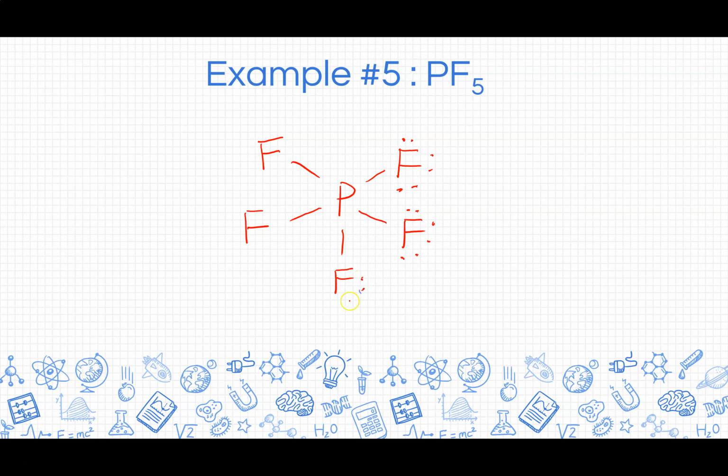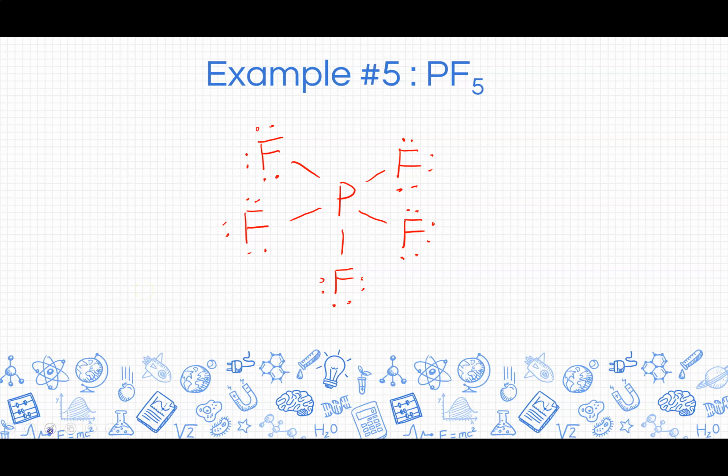Again, it's unnecessary to draw in all of these for just identifying the hybridization, but it is important that you start with the correct Lewis dot diagram. I assume in an AP problem, they would have asked me to draw this earlier and maybe answer some other questions, and now they're asking me for hybridization. So even though we don't need the lone pairs, it is important to use them to make sure our whole Lewis dot diagram is correct.